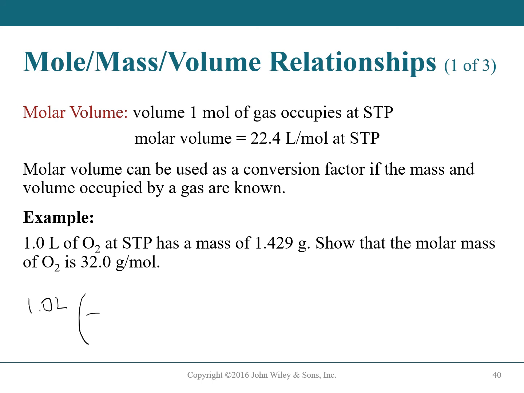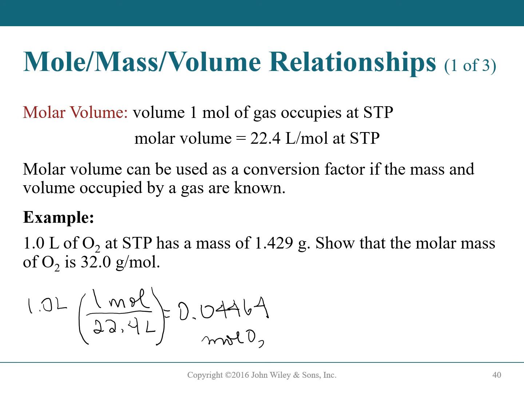We know it's 22.4 liters for every 1 mole. So this is 0.04464 moles of oxygen. And yes, we're at 2 significant figures, but we're not done with our calculations yet.